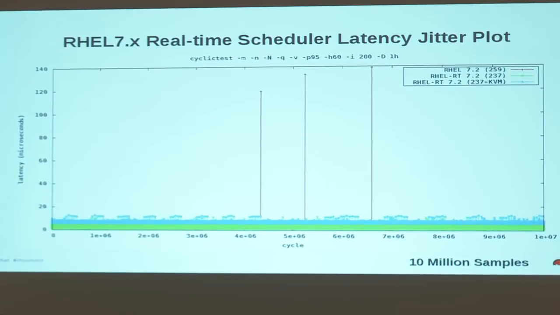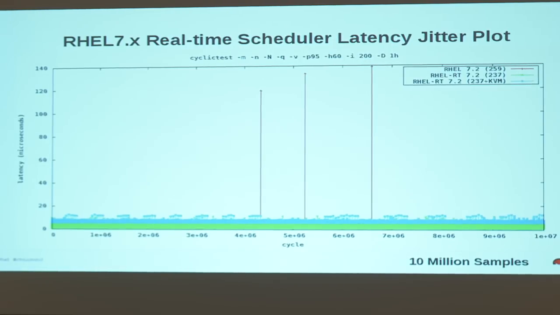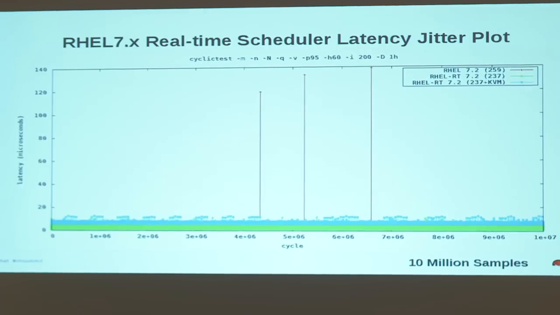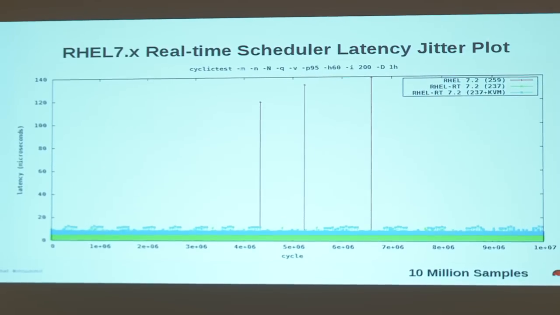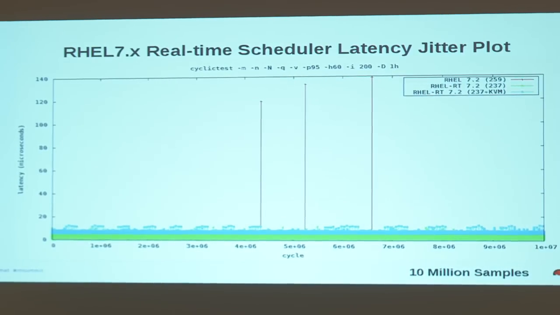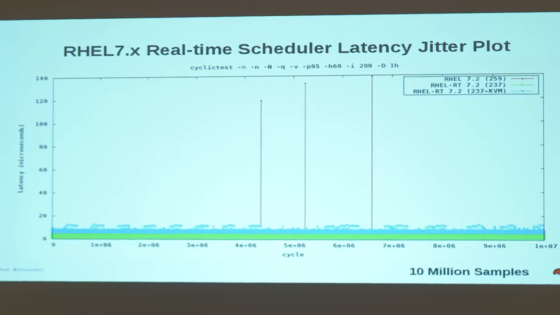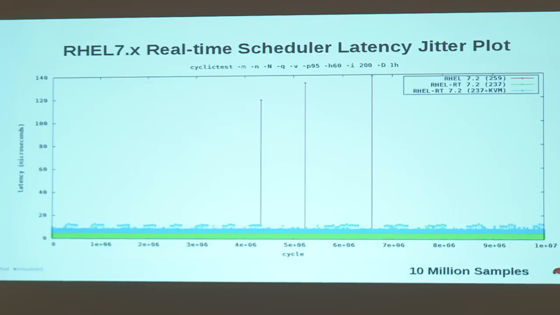You can see there are 3 big latency spikes. I've seen plots with a lot more than 3. I kind of wish they got more because it would have been a funner picture to show you. But they only ran this test for an hour because I didn't want to disrupt their development work too much. So that's what RHEL 7.2 looks like, which is not good for latency.